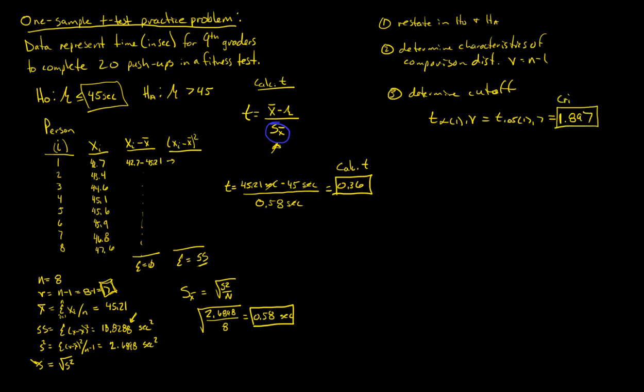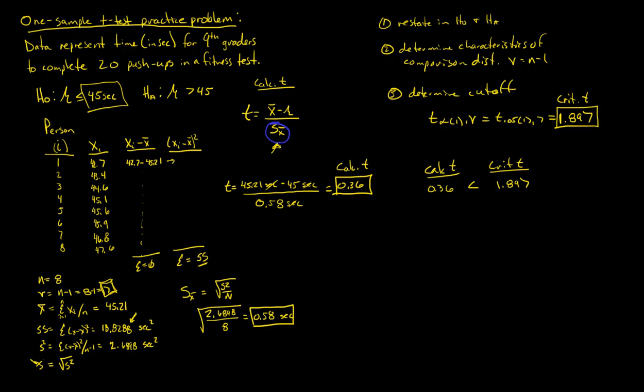So that's our critical t. So then we just have to create our inequality here. In this particular case, our calculated t, which is 0.36, is less than our critical t, which is 1.897.